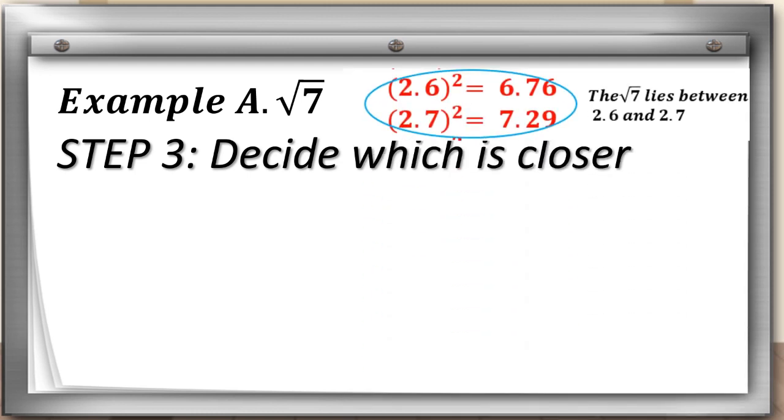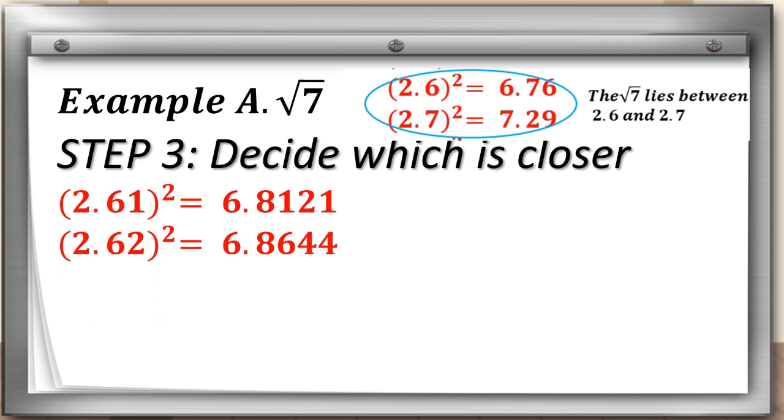Since 7 is closer to 6.76 compared to 7.29, we will now use 2.6, then estimate further by squaring the numbers. 2.61 squared is equal to 6.8121. 2.62 squared is equal to 6.8644.